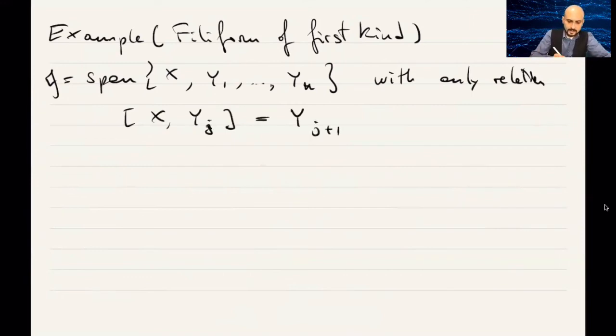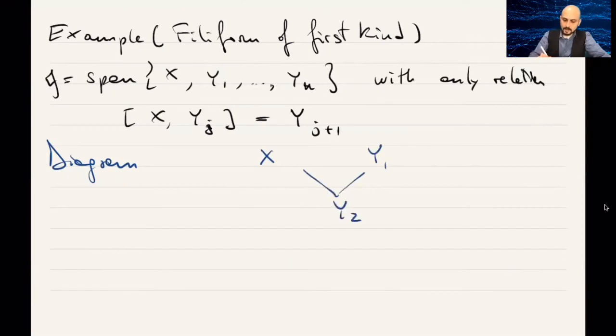So with the diagram, you will see it is a very simple generalization of the angle algebra. So if x bracket y1, this will give you y2, and x bracket y2 will give you y3, and so on, until the last one, yn, which is the bracket between x and yn minus 1.